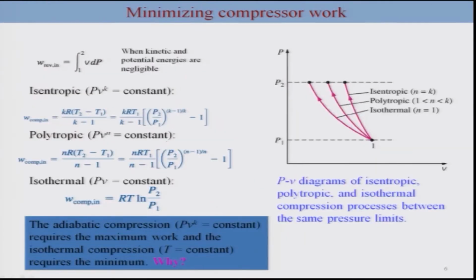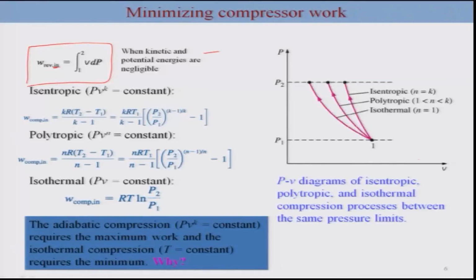Okay, so let me just describe the compressor work, and here for the compressor, again, we can write this compressor work in this form. The 'in' stands for the work needed by the compressor, and this can be written as VdP, assuming of course your kinetic energy and potential energy to be the same. Now you can operate the compressor at different conditions. You can operate at constant temperature, you can operate at adiabatic condition, or you can operate at isentropic condition as well.